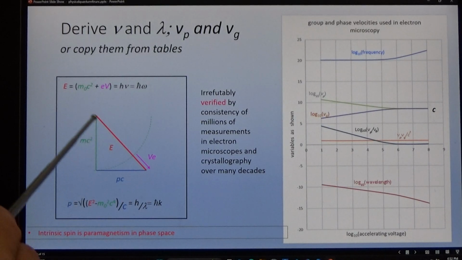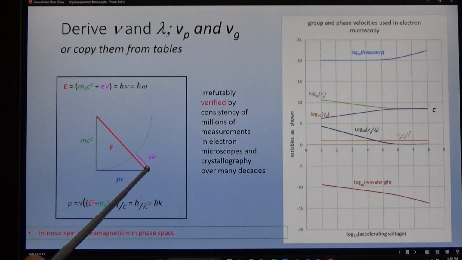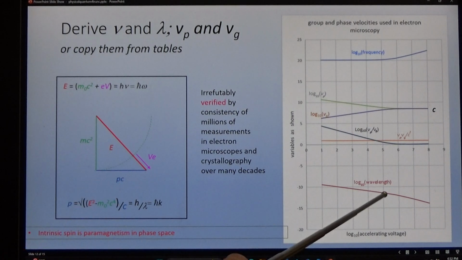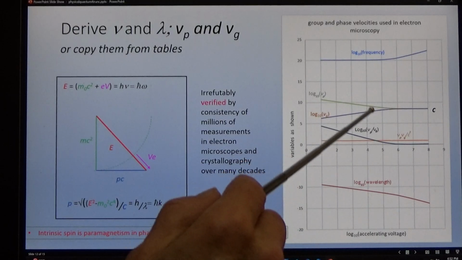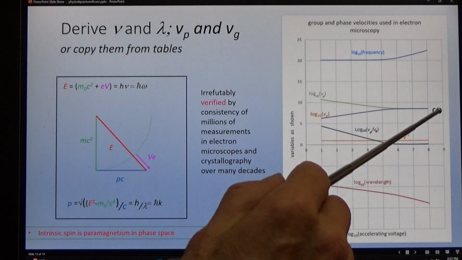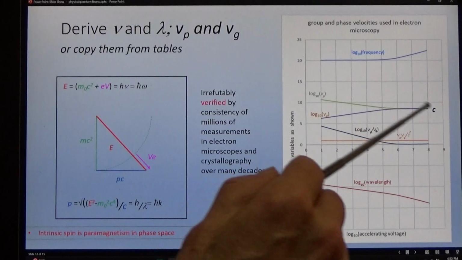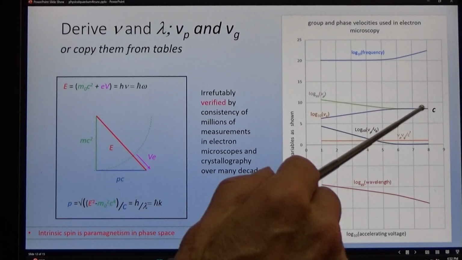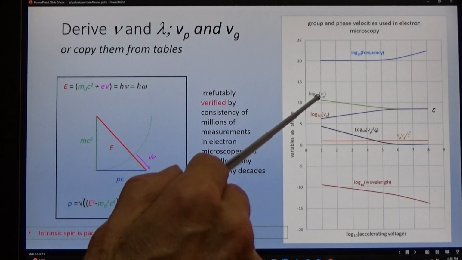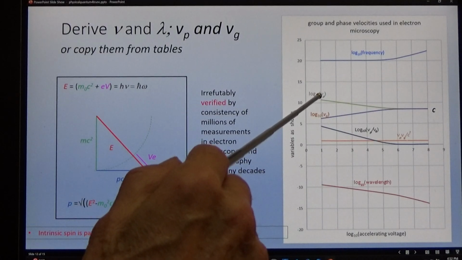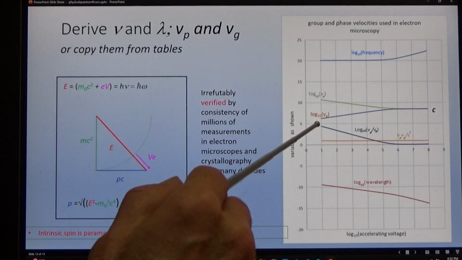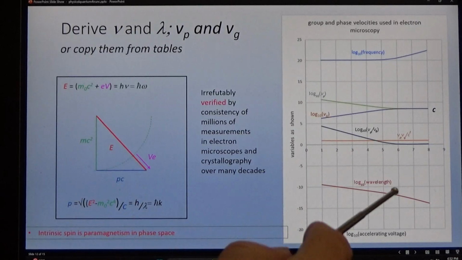Here's the rest mass, here's the energy, plus the gun energy, here's the momentum, here's a wavelength, here's a frequency. These are experimental values. Here's the rest mass, and it divides the relativistic dynamics from the non-relativistic. The phase velocity is faster than light, and the group velocity is slower than light, as Einstein had it.